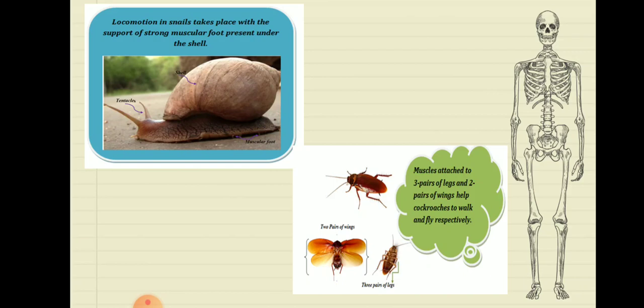They had different organs which help them for movement, but cockroaches have 3 pairs of legs which help them to run around here and there. They even have 2 pairs of wings which help them to fly. So this is how the movement is carried out by cockroaches or the insects that we can see around.